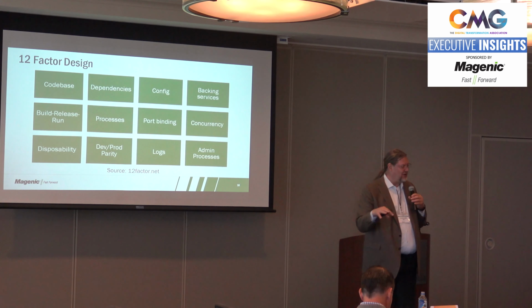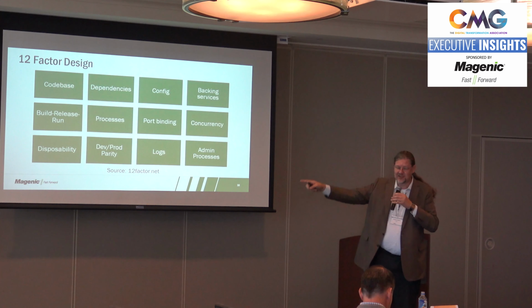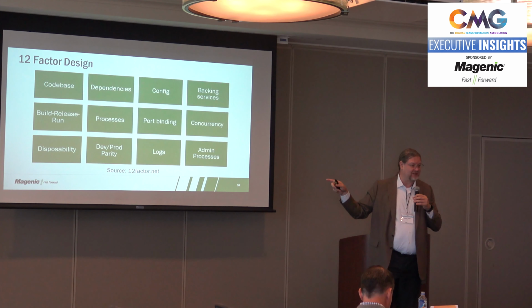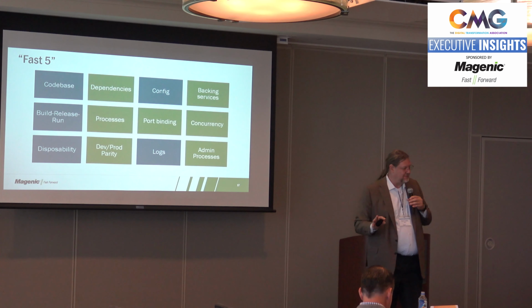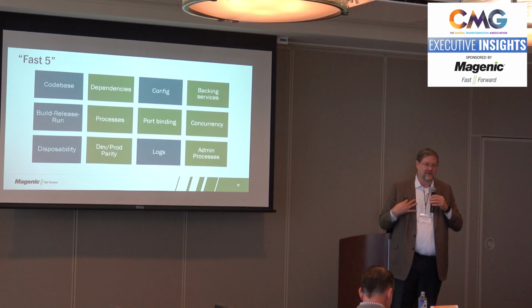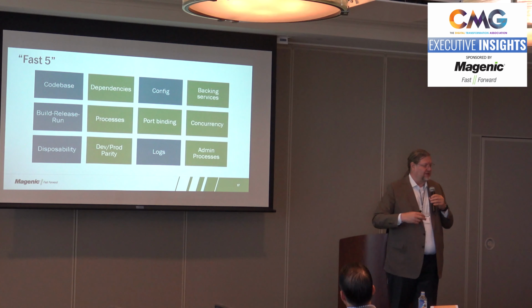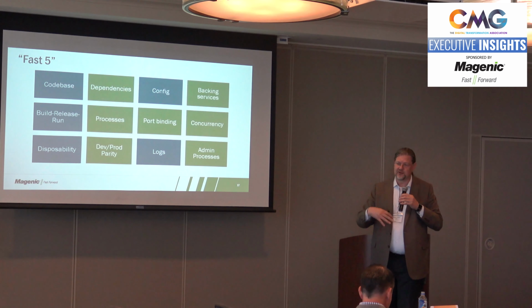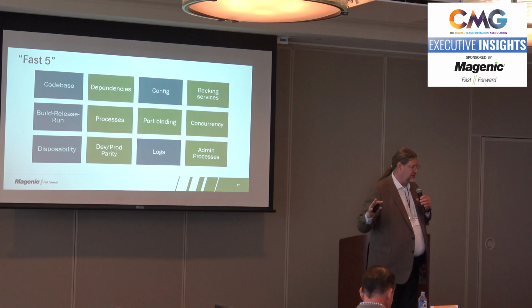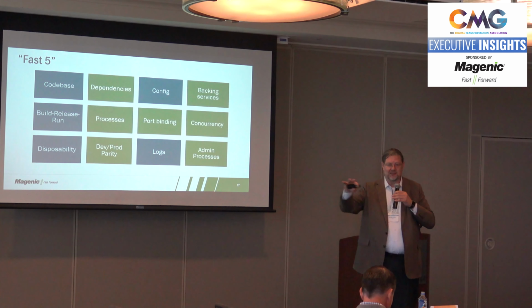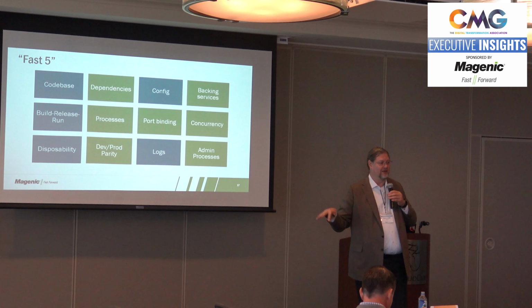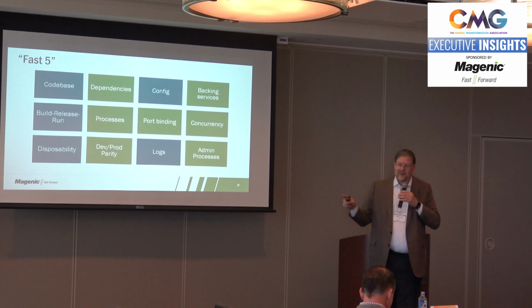But once you find the code, then you find out that it probably conforms to 0 of the 12 factors, right? And so what we've identified is what we call the fast 5. These are the 5 factors that you need if you're going to do just modernization, not a rewrite, but just getting a legacy app modernized so that it can at least run in a modern cloud environment like Kubernetes or something like that.